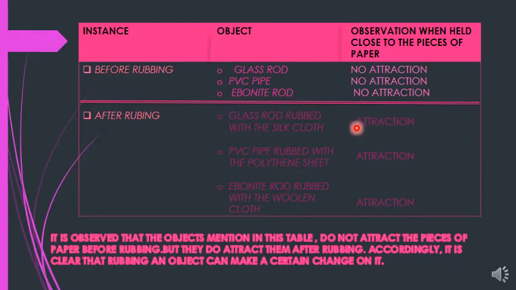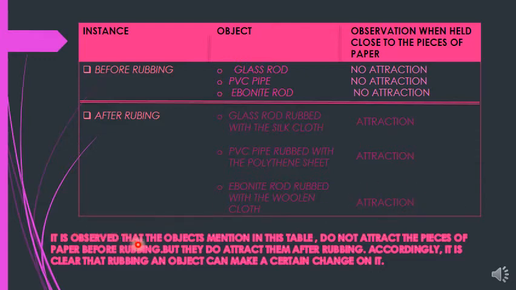We can see the attraction there. A PVC pipe rubbed with the polythene sheet also attracts. An ebonite rod rubbed with the woolen cloth, there also we can see the attraction.